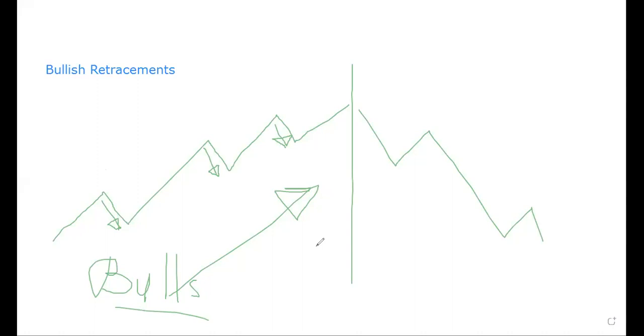The reason why you're doing that is because you still have a long way to go. So the same way, in a bullish momentum, in a bullish market, the retracements are points where the market takes a breather. The market decides to take a short break before it continues the bullish run, and then it takes another short break before it takes a bullish run.